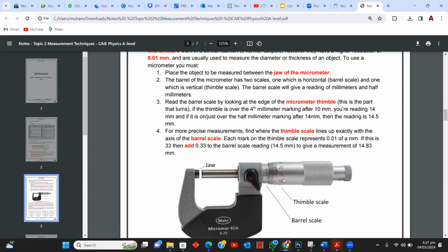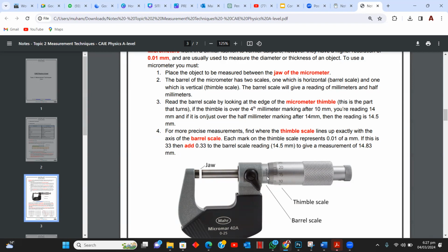ठीक है? अब आप करते क्या हैं? The first thing that you do is you read the barrel scale by looking at the edge of the thimble scale, यानी यहाँ पे. At this particular point, which value of the barrel scale appears in front of you, जो बिल्कुल आखिरी जो value होती है आपके पास. Okay? अब इसमें आपने दोनों 1 2 3 4 सब, यानी you need to read even the lines above this horizontal line and the lines below this horizontal line.